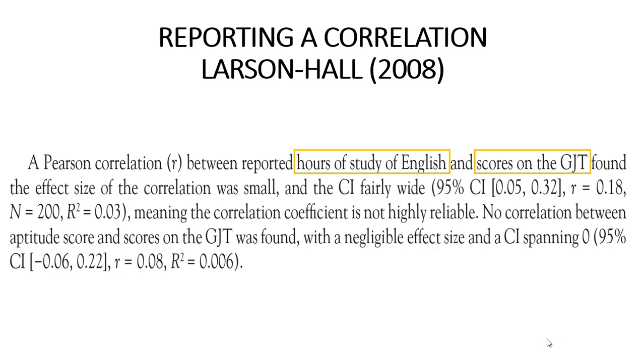What is she reporting? Well, she's reporting a Pearson correlation, the value for R, and we have it there, R 0.18. She's also reporting the effect size of the correlation. Notice that that would be the R square that we have there. And she's also reporting the confidence interval for the correlation, in this case 95%, between the values of 0.05 and 0.32.